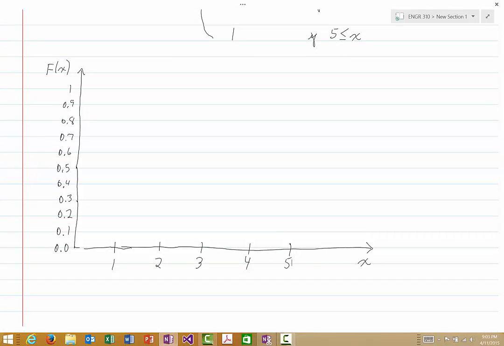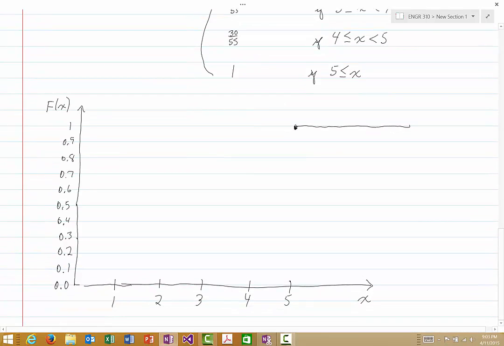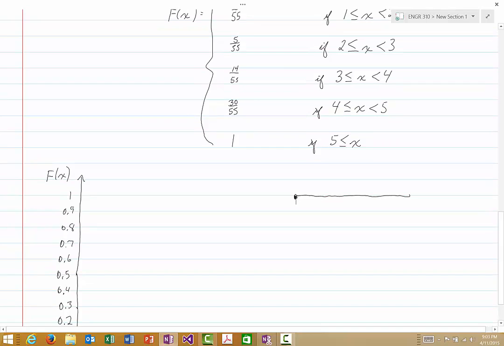And for 5, we can go ahead and put a dot here, and then put a vertical line at 1, because if little x is greater than or equal to 5, then our last line says that F of little x is equal to 1.